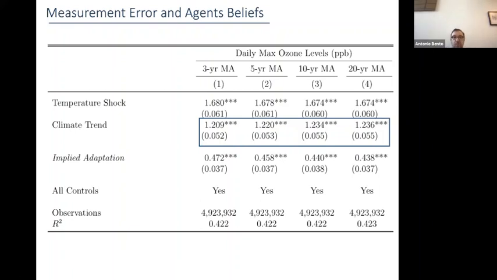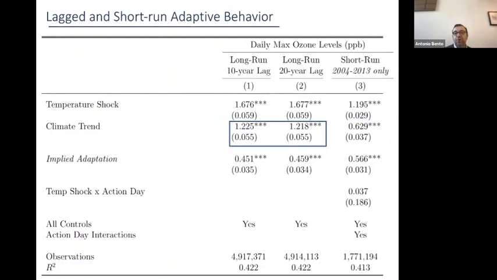The permanent component of the variable that is also included in the transitory component will be less mismeasured as you increase the window. And this is exactly what we find here, even though the point estimates are actually not terribly different from one another.